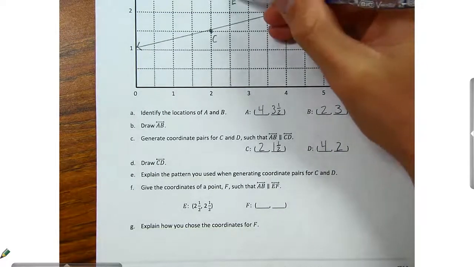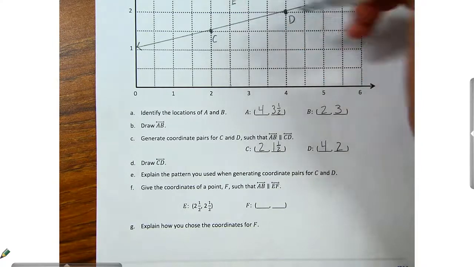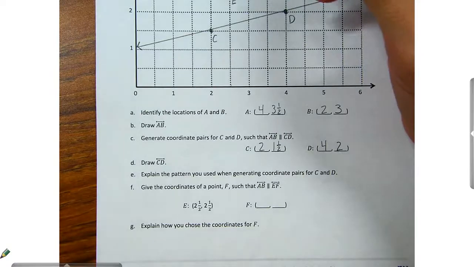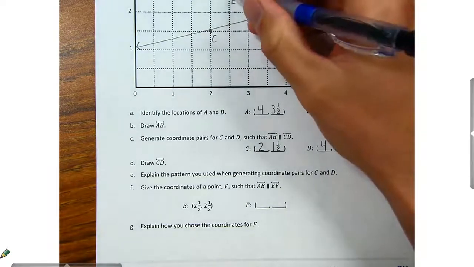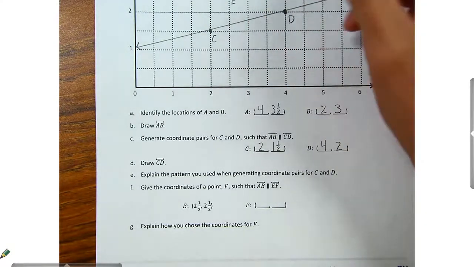So if we want it to move through E and be parallel, we'll have to take another point.